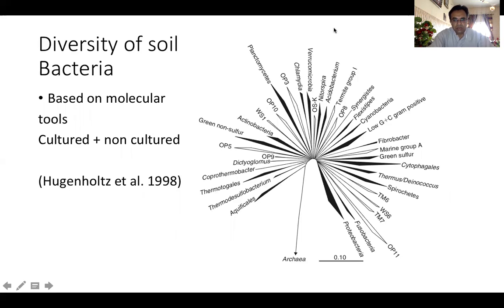So here, this chart gives you a small picture in which you can see the divisions of different groups, and each group contains non-cultured organisms. Very few cultivated examples are there.